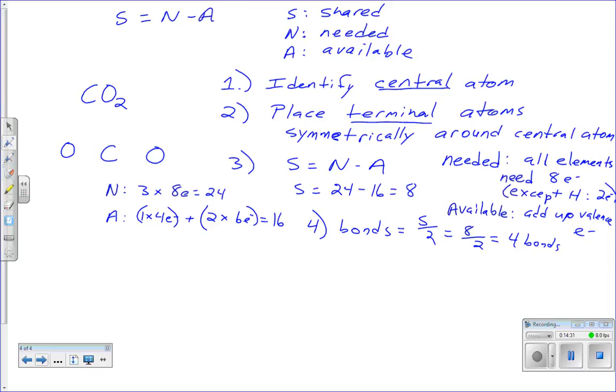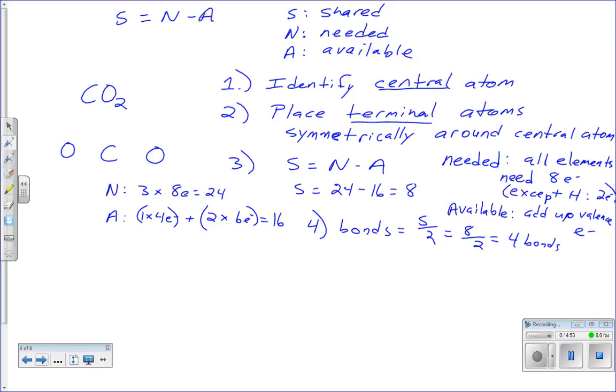So we have 4 bonds. Typically, oxygen can make up to 2 bonds. Technically, we could make 3 if we do some funky stuff with it, but we'll just forget about that for now.